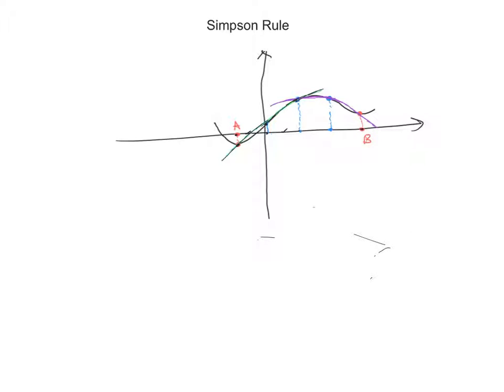And therefore, the curve between A and this point is approximated by a parabola which was shown in green originally.